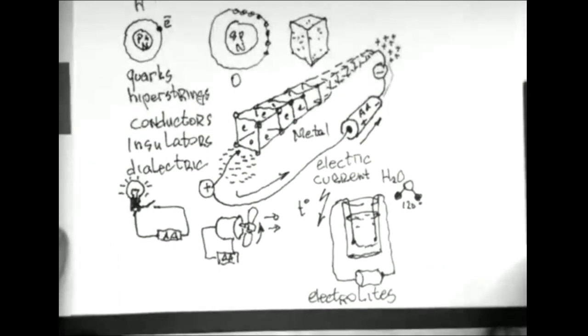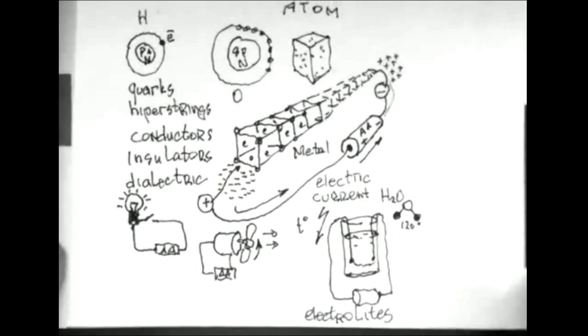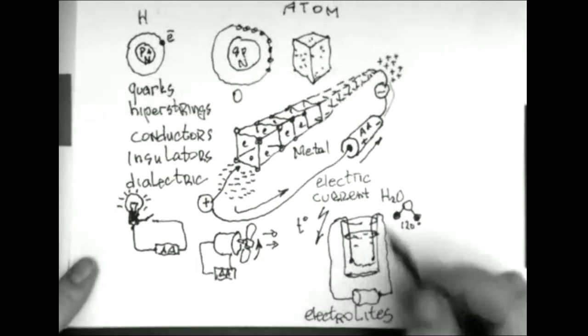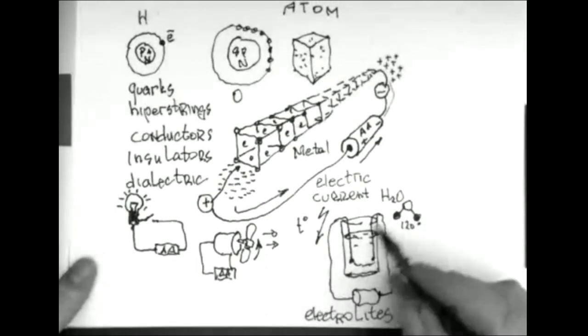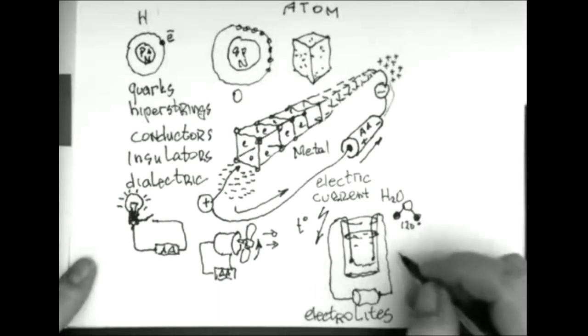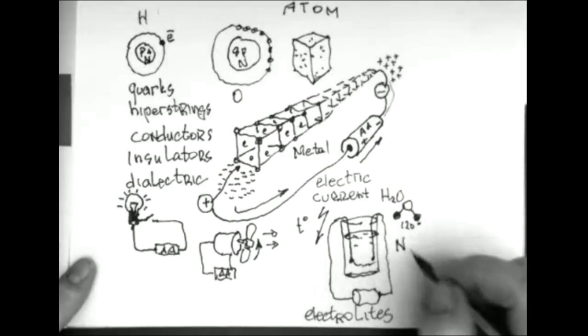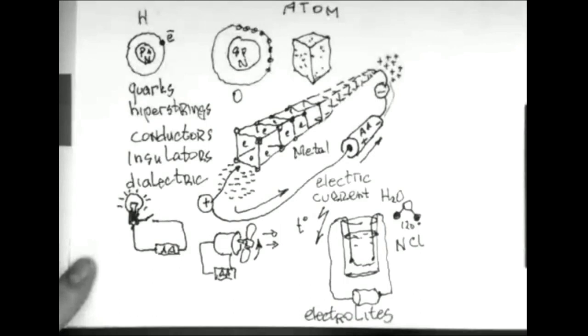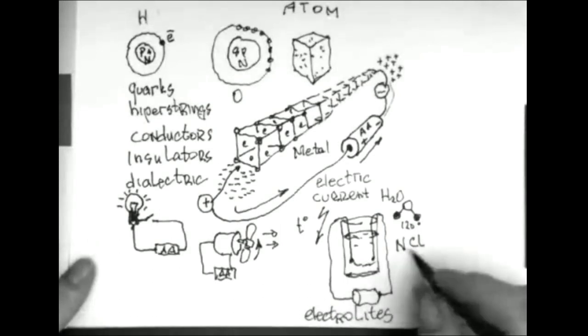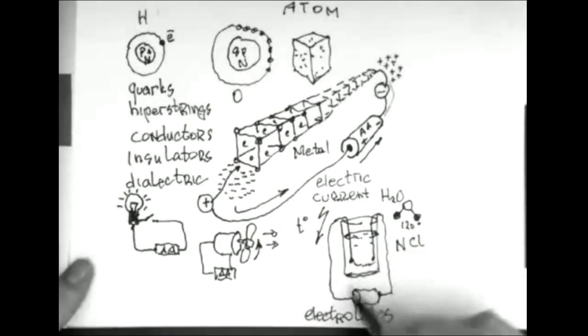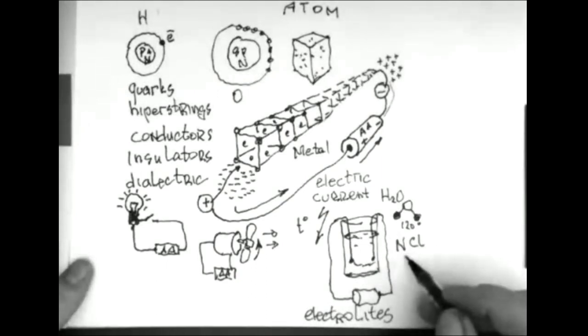By the way, the human body contains a lot of electrolytes, folks. When you dissolve sodium chloride in the water and drink it, that is mostly the solution that you have inside of your blood.